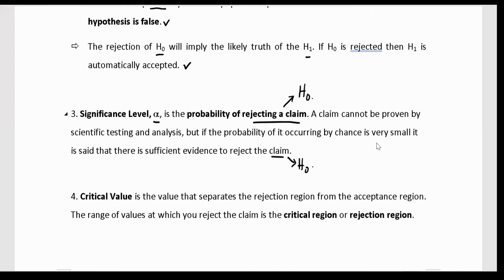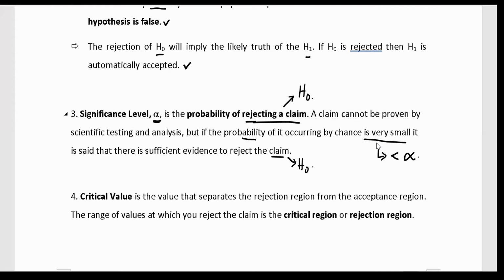We can reject the H0 if the probability of it occurring by chance is very small. So how do we know it is very small? If it is smaller than the significance level. That's why the significance level is the probability of rejecting a claim, the H0.